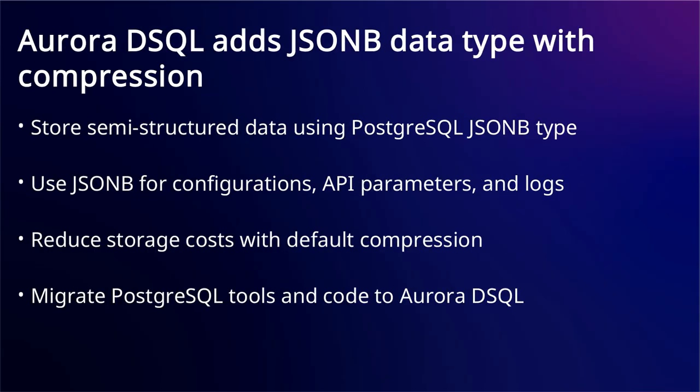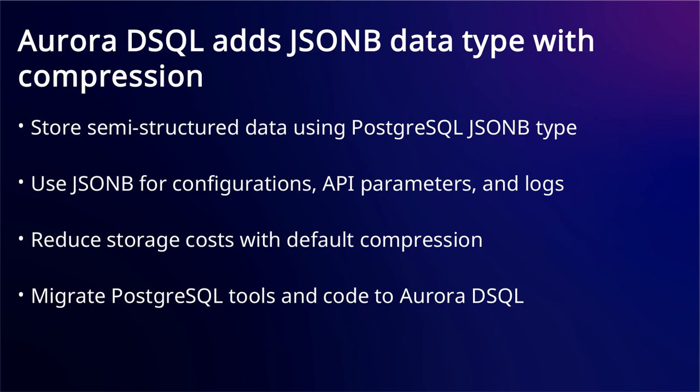You need to store semi-structured data alongside relational data in Aurora DSQL without managing separate storage systems or losing compatibility with PostgreSQL tools. Aurora DSQL now supports the PostgreSQL JSON data type, allowing you to store semi-structured data using the PostgreSQL JSON type directly in your tables.